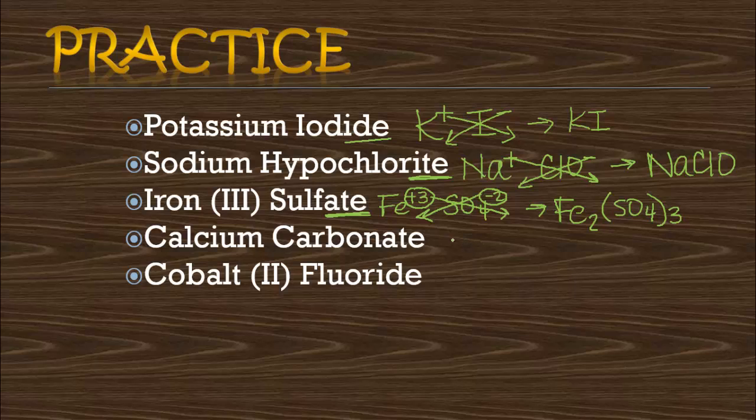Calcium carbonate. Calcium, Ca, it carries a positive 2 charge. Carbonate, again it's an ATE, so it is on our polyatomic ion sheet. So CO3 minus 2. So we're going to crisscross our charges, and they're going to come down, and I'm going to get CaCO3.